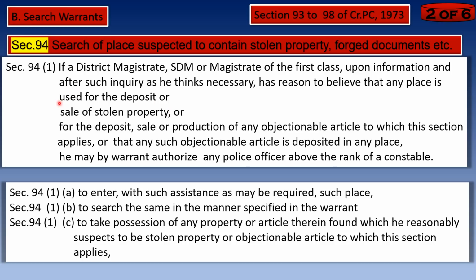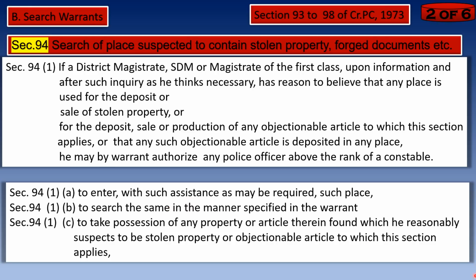Subsection 1 of Section 94 also speaks about a place to be searched which is used either as a store of objectionable article or a place used as a sale point for such objectionable article, or both. Now, clause A and clause B of subsection 1 of Section 94 speak about taking an assistant to enter a place to be searched and the manner in which such search is to be conducted.